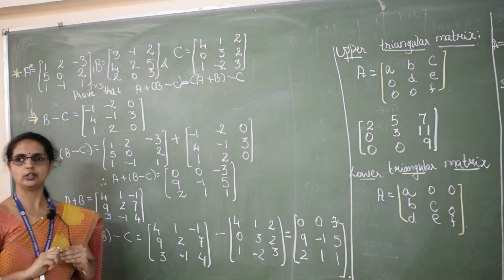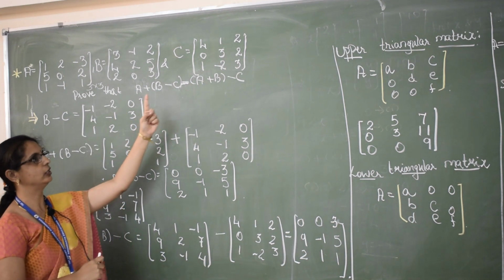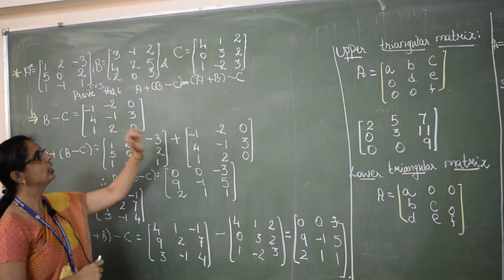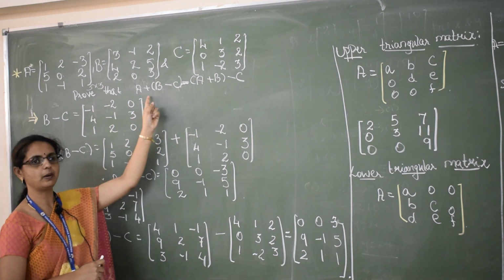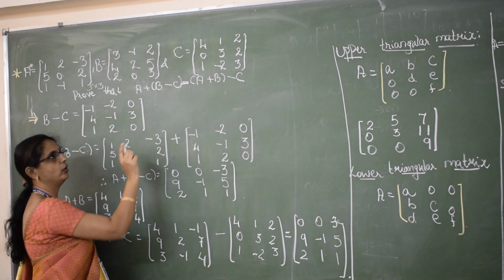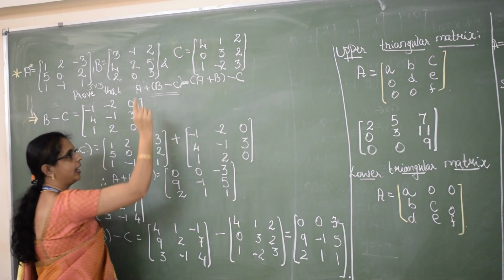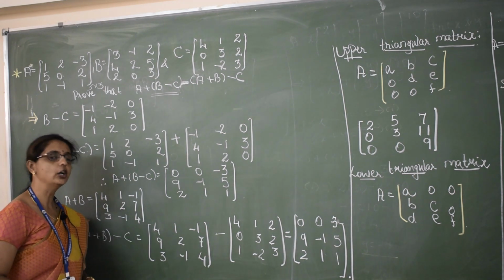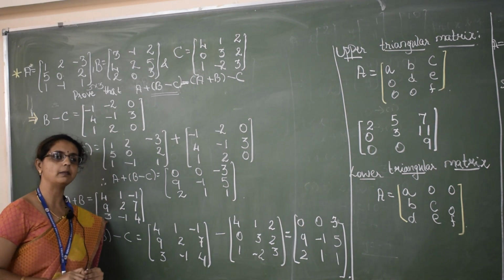So our task is to prove that LHS is equal to RHS, right students? So when I come to the LHS part, concentrate. Before taking A into account, I am going to first calculate the value of B minus C. What do you mean by B minus C?